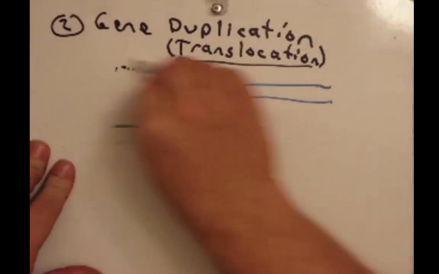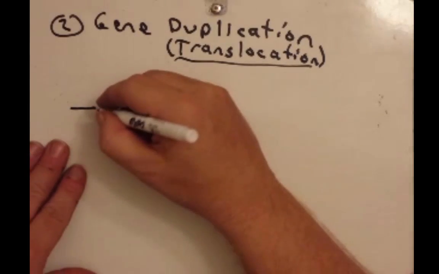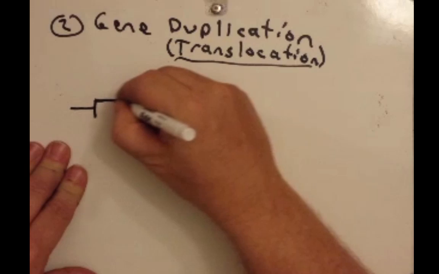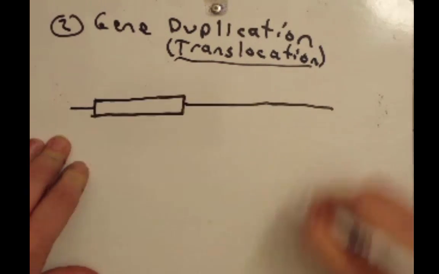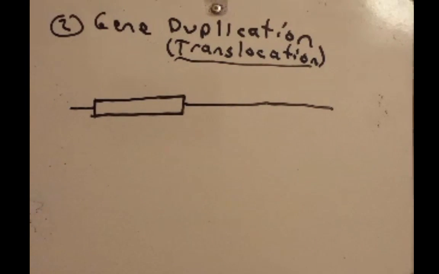Now let's talk about gene duplication. We can use a couple examples. Your book uses one, and I'll start with that one. So you have a gene here, and like I said, your book describes this one with odor detecting genes.